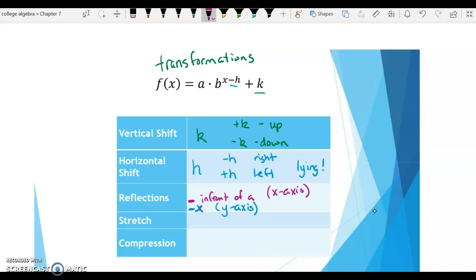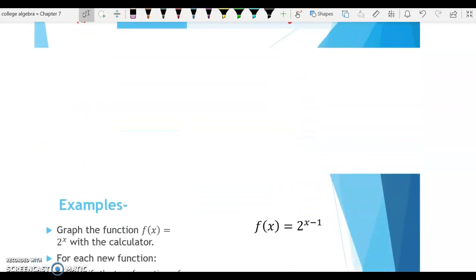Stretch is going to be if a is greater than 1, and compression is if a is less than 1 but greater than 0. And we've seen those examples before. This is usually a fraction, so just keep that in mind. And you guys have seen those before, but it is nice to recap them.